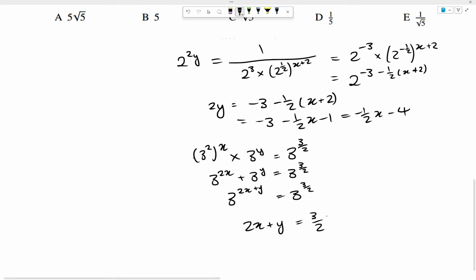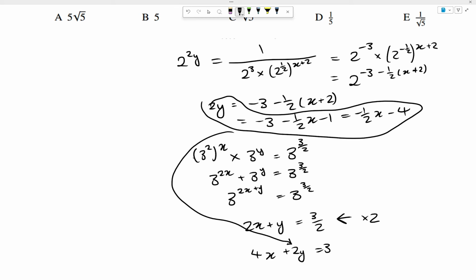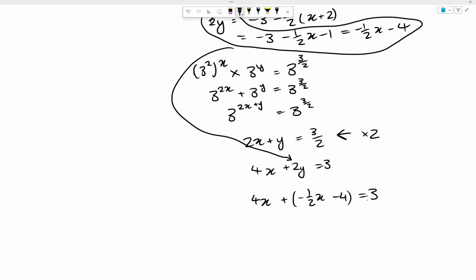And now this is just like GCSE simultaneous equations. So I'm going to multiply this equation here by 2 to get 4x plus 2y is equal to 3. And then I'm going to substitute this bit into here to get that 4x plus minus a half x minus 4 is equal to 3.